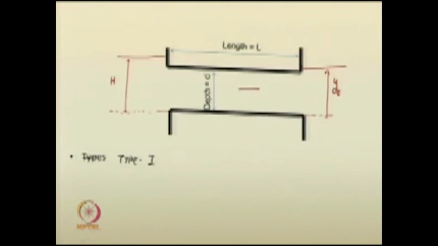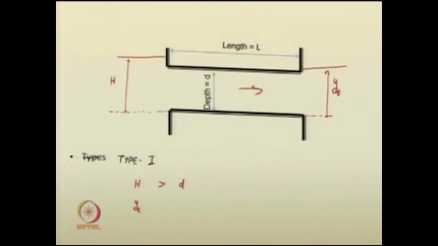Flow is basically occurring in this direction from upstream to downstream. So, here this is called type 1. You can see H, that is the headwater depth, is greater than D, that is the depth of the culvert.